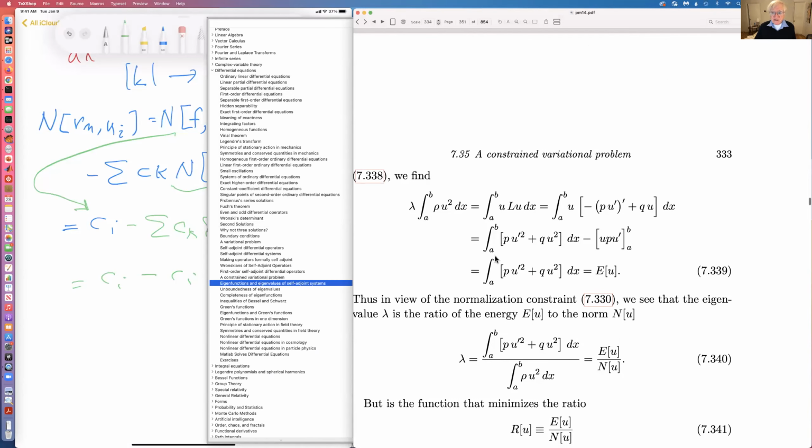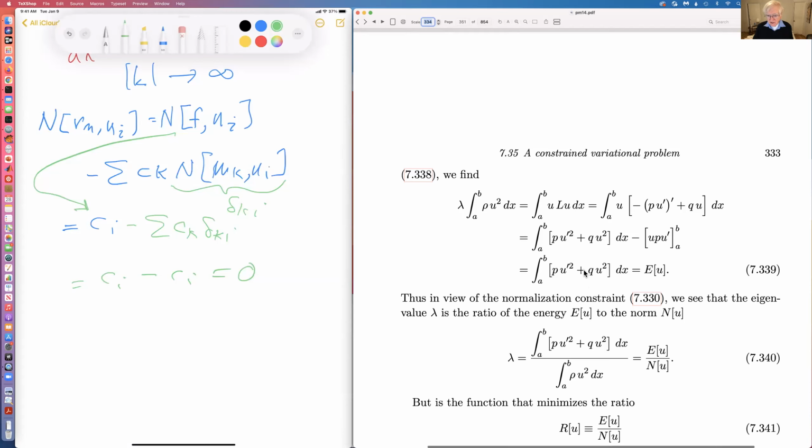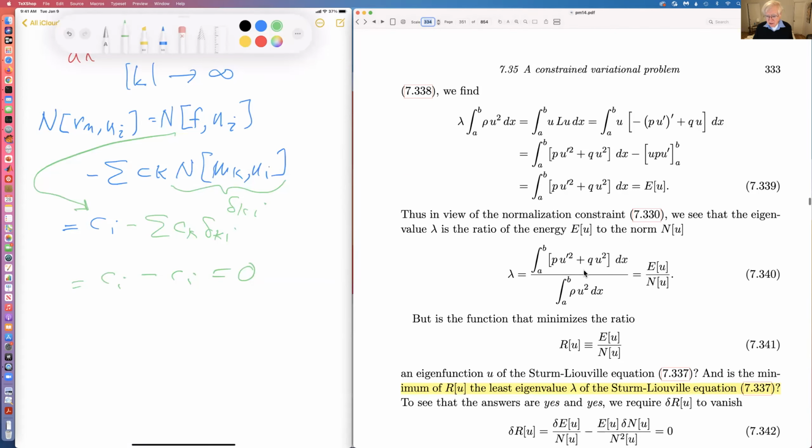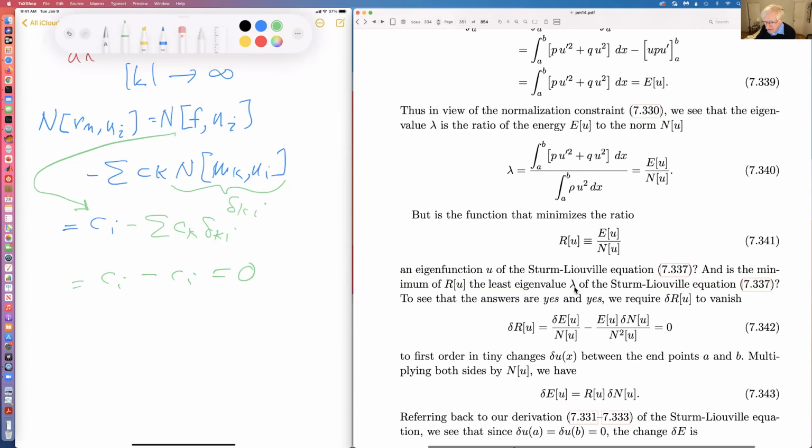In other words, that was here in a constrained variational problem. Here I was talking about E of U and N of U and the ratio being R of U. And the deal is that the minimum of the ratio is the least eigenvalue.